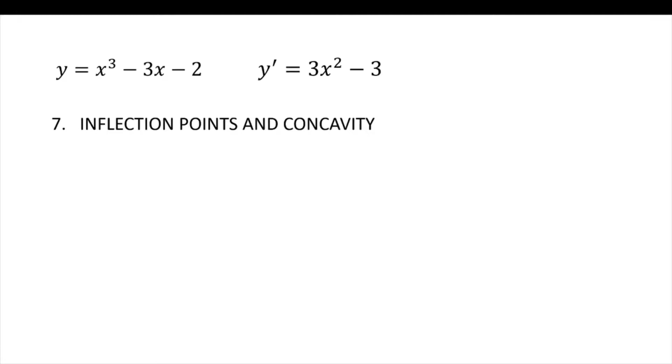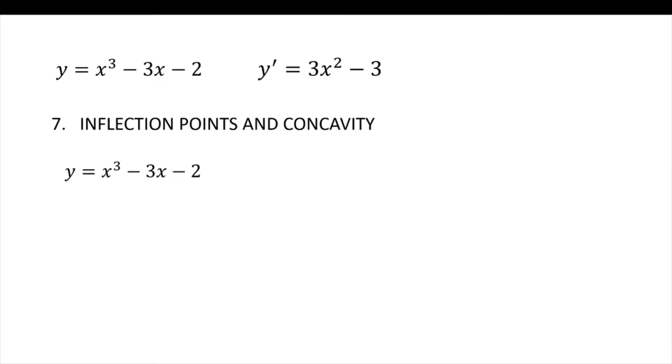Let's say on the left side of the inflection point, the concavity is upwards, and then on the right side of the inflection point, the concavity is downward. So as long as there is a change in the sense of the concavity, then we have an inflection point in the middle. Okay, so we'll make another sign chart later on.